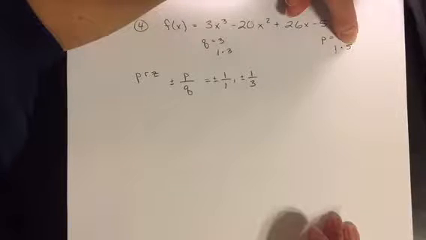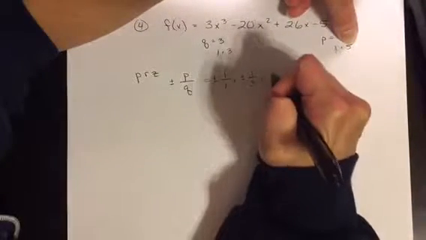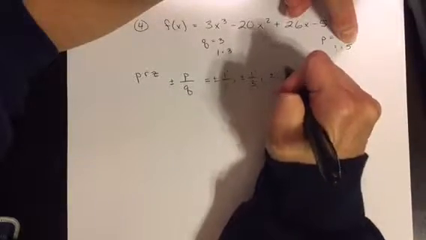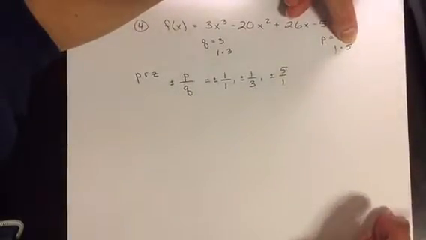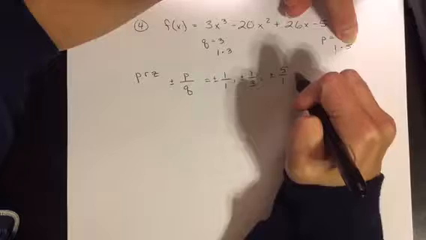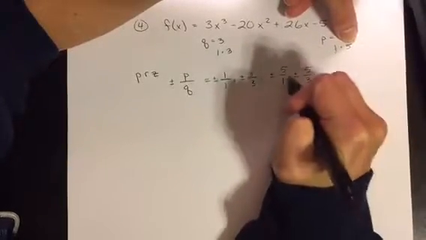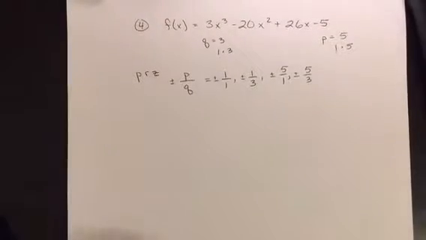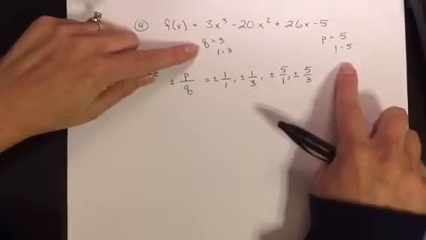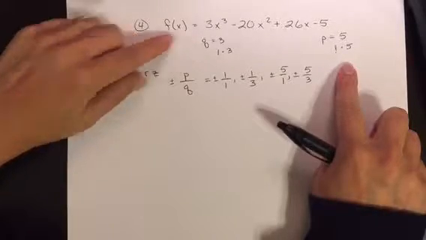Then I have to do the same thing with the next factor. So plus or minus 5 over 1, then plus or minus 5 over 3. So I am literally making every combination possible between these factors and the division.